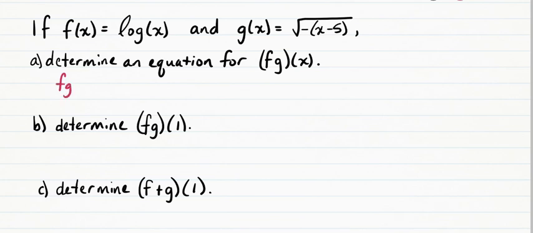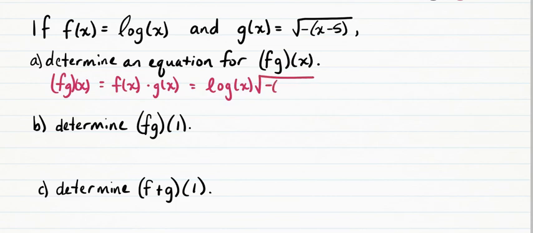So f times g of x, we know can be written as f of x times g of x. And in this case, f of x is log x, and g of x is the square root of negative x minus 5. So the multiplication of those two original functions, f and g, makes up the combined function f times g.